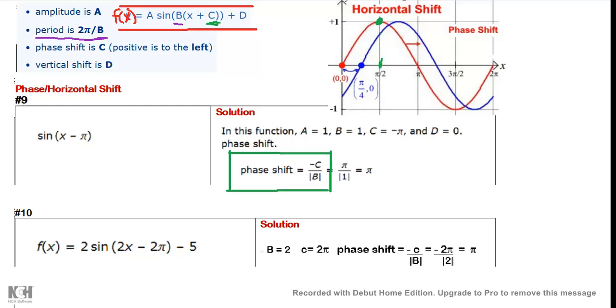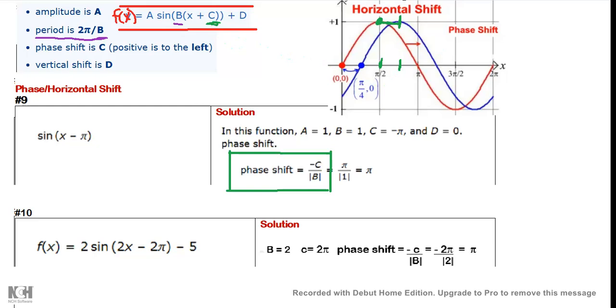So that's where the original graph goes. To find the horizontal or phase shift from a graph, you have to calculate how far this is according to your scale right here, and just subtract. And then you have to figure out, did it shift right or left? That's how you do that from the graph.